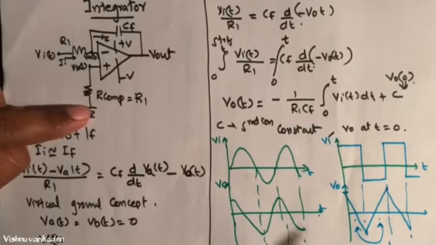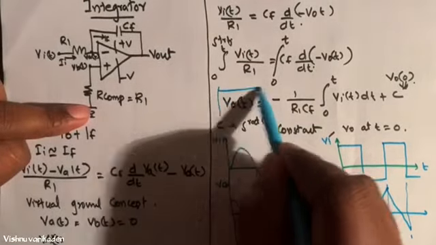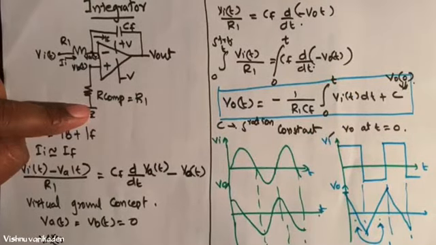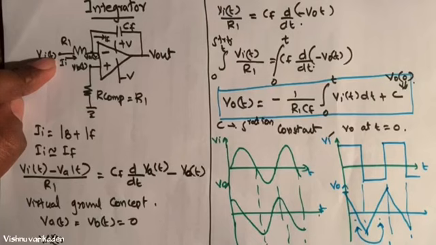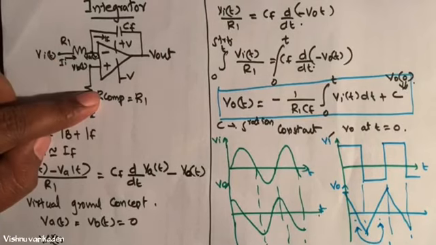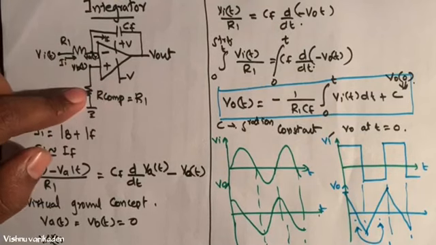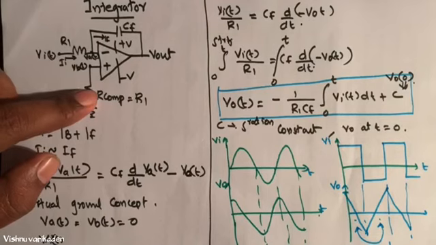So this equation is very important for making the integration analysis. The input is connected to the inverting terminal, and Rcomp is negligible, being only for compensating the input loading. By applying the virtual ground concept, we do not consider the Rcomp value.